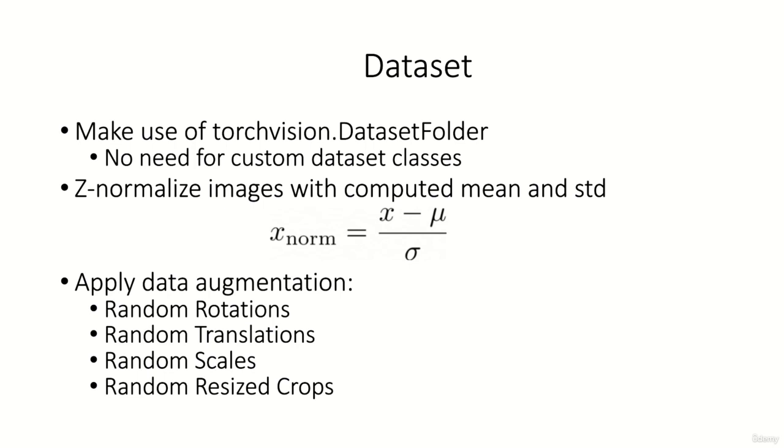Additionally, we apply random rotations, random translations, random scales, and random resized crops for the purpose of data augmentation. Or in other words, we randomly rotate images, we randomly scale images, we randomly shift images, or we randomly crop a portion of the image and then resize it to the original image size of 224 squared.